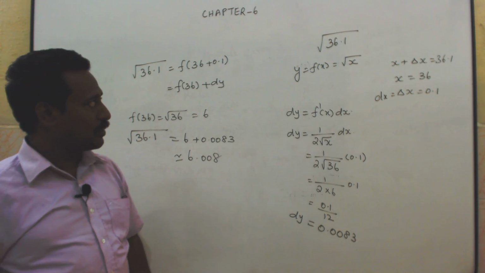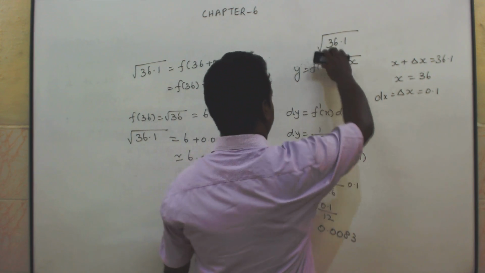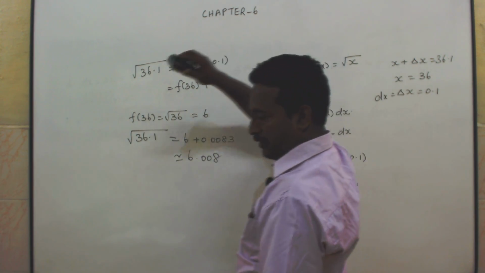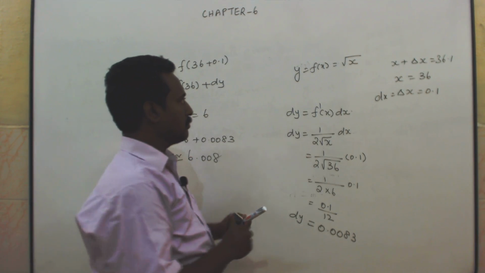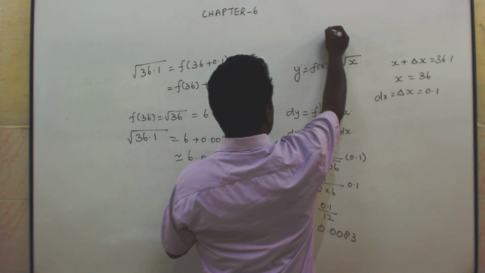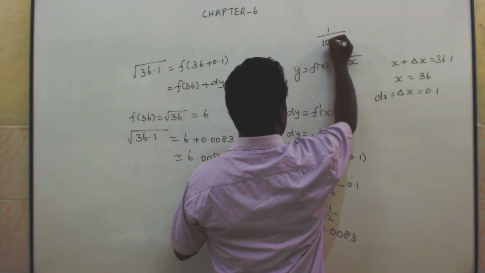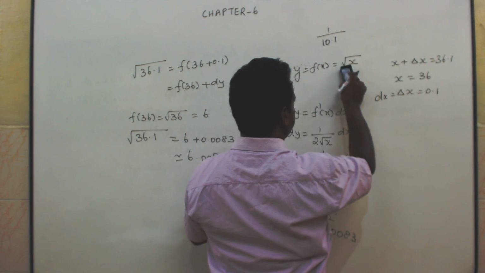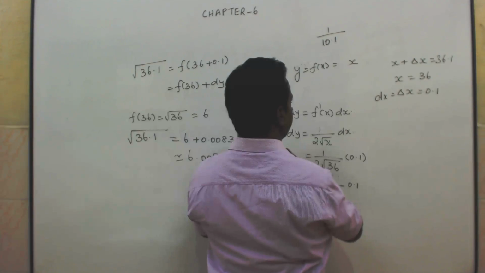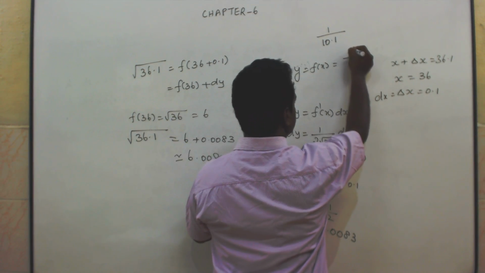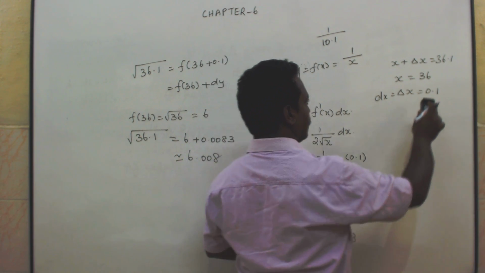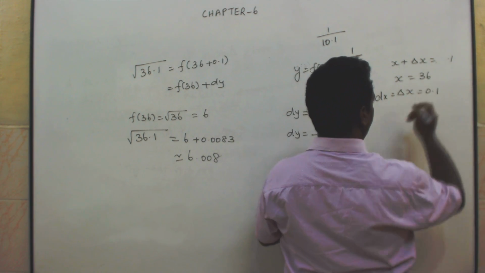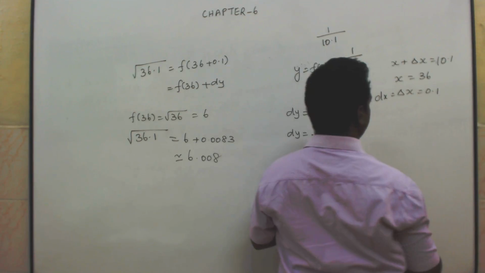The same way, the next problem is given: 1 by 10.1. You have to find out 1 by 10.1. The value is given in the denominator, that is why we can write y equals f of x is 1 by x. x plus delta x equals 10.1.